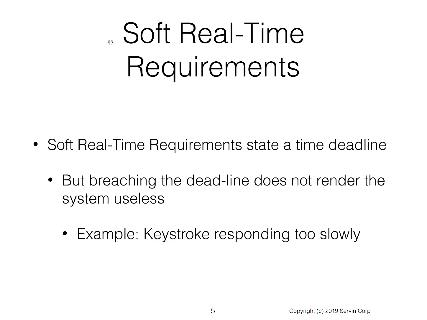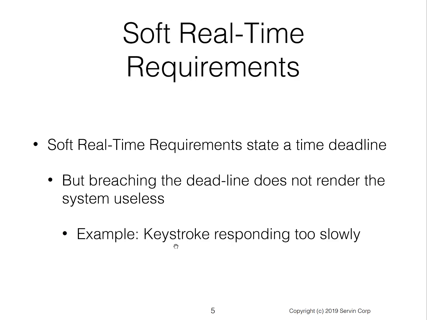First, the soft real-time requirements. That means you've got to do something within a given time, but if you don't quite make it, if you breach the deadline, it does not render the system useless. Probably the best example of this, we've all seen it when we're using systems. Maybe the keystroke is responding a little too slowly.